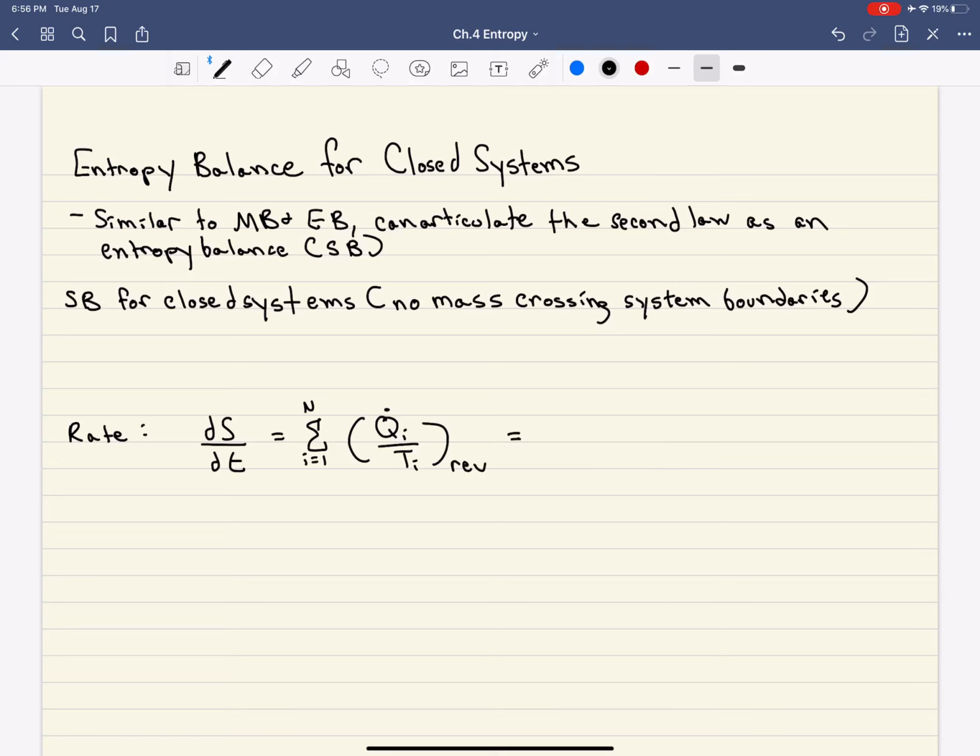Right? And then this is going to be equal to the sum of Q_i over T_i for the irreversible case plus the entropy generated, dS_gen/dt.